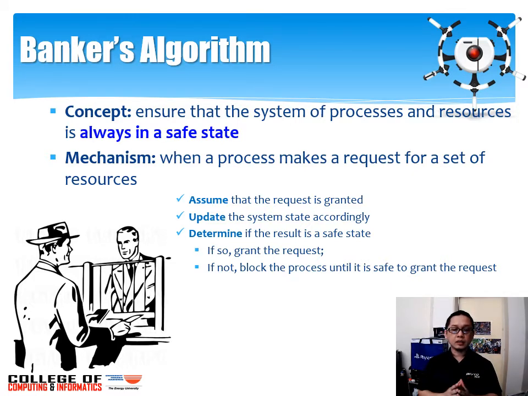The mechanism here is that when a process makes a request for resources in the system, first of all, we assume that the request will be granted, and then update the system state accordingly. Also cross-check whether we have enough resources during the execution, and based on the simulation, determine whether the execution of the process is a safe state or not.